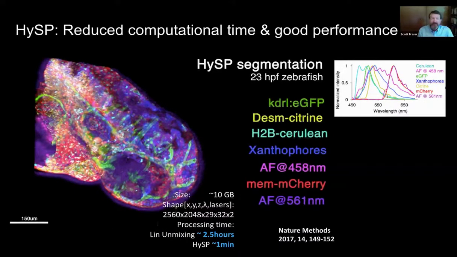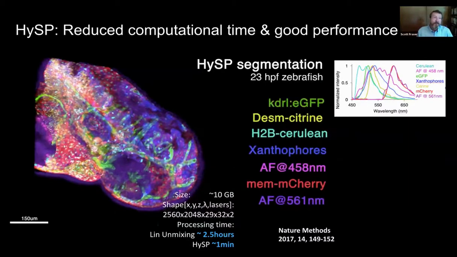What would have been hours of processing for these multi-giga voxel images becomes something that's relatively fast, almost as fast as you can read the data off the hard disk. We can process it.